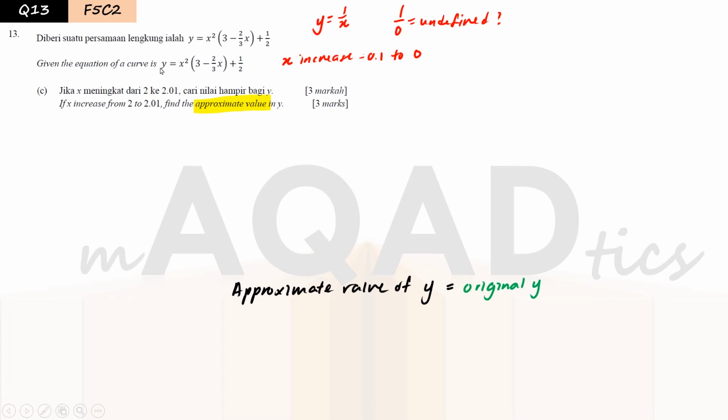And since x changed slightly, we also need to see how much y changed, so it would be the small change in y. If we have the original value of y and the small change in y, then we can figure out the approximate value.